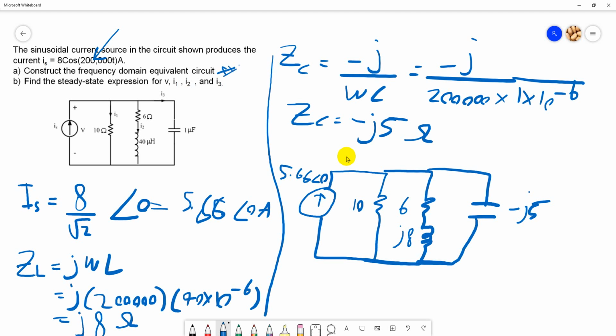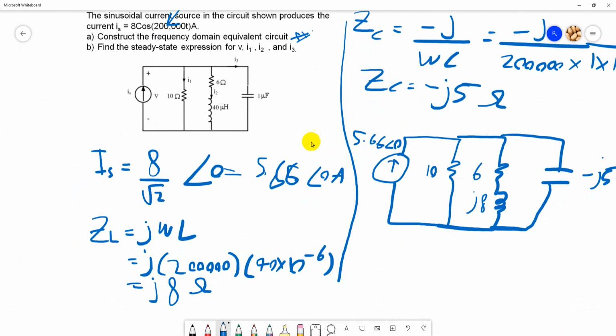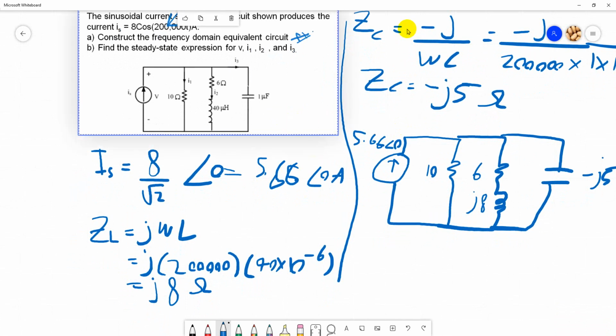Okay, next, find I1, I2, I3. So how to do this? Let me copy this first.